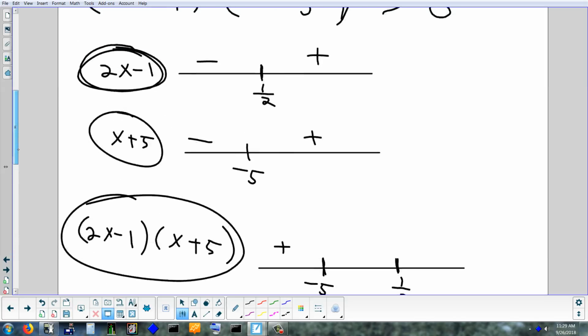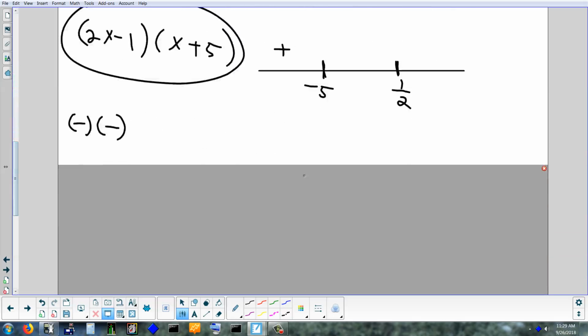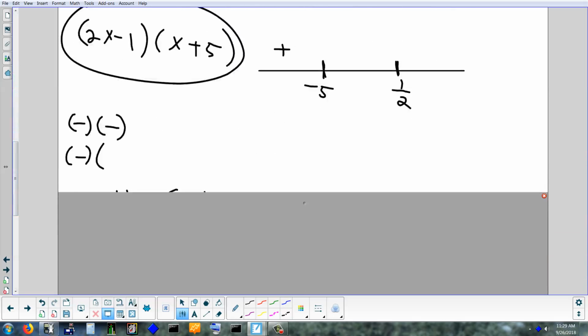Let's check the middle section. Between -5 and a half. So Gabe, if I'm between -5 and a half on the top number line, what kind of number do I get? Well, -5 would be like over here, right? Negative. And then a half would be, so you're looking at numbers in there. So it would be a negative. So negative.